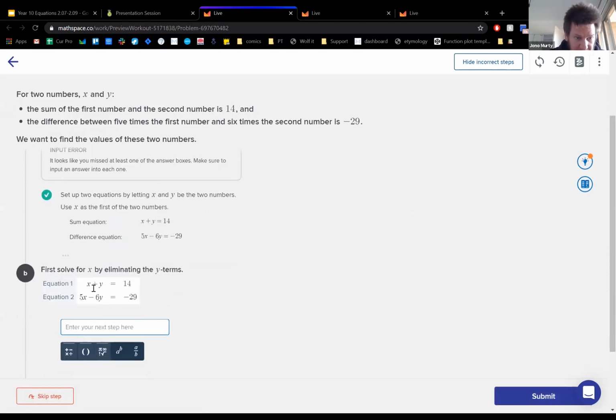So we're going to do the elimination method here, which is possibly what I did last time. So let's do equation 1 minus 5 times equation 2.